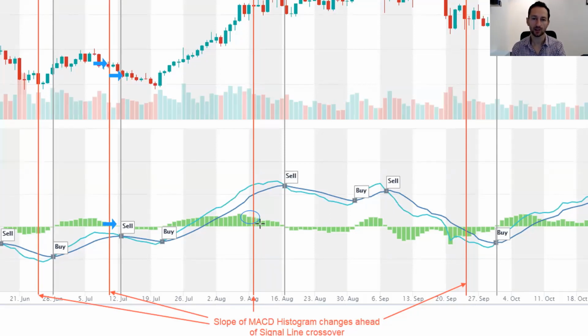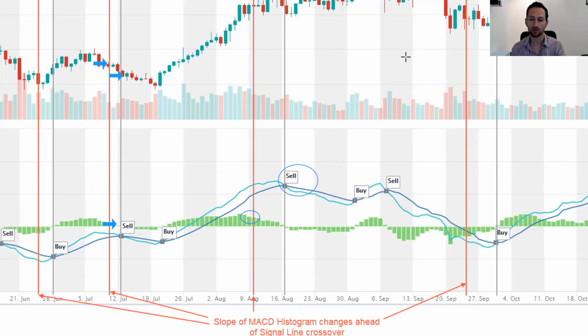That could indicate an inflection in the momentum. And indeed, the price has gone flat. And so then again, if we had sold it here, or at least trimmed the position when the MACD histogram bars begin to decline, then we would have had a better exit point than if we had waited until the sell signal.